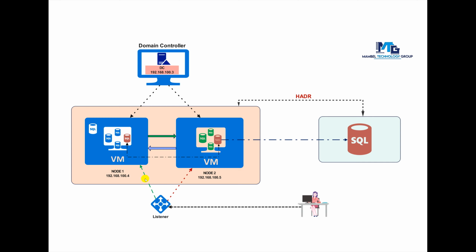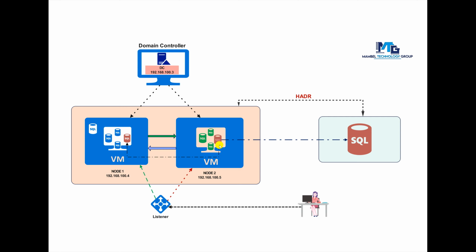So here we have our node 1. You can see the IP address. We have node 2. And these two VMs are set up in an always on availability group. So just to refresh our mind, always on availability group is a technology that was introduced in SQL Server 2012.